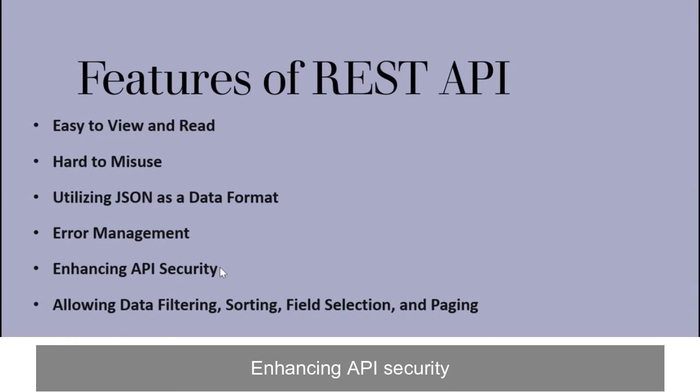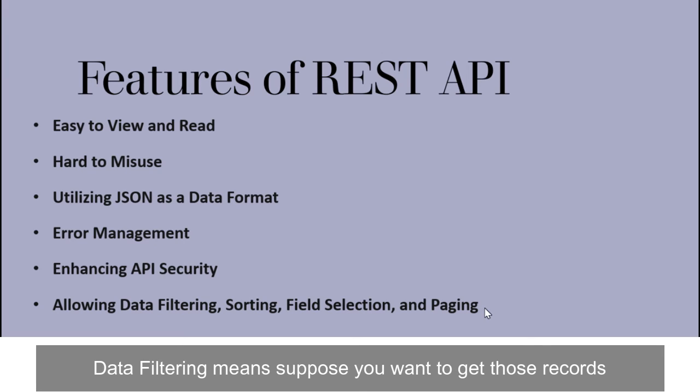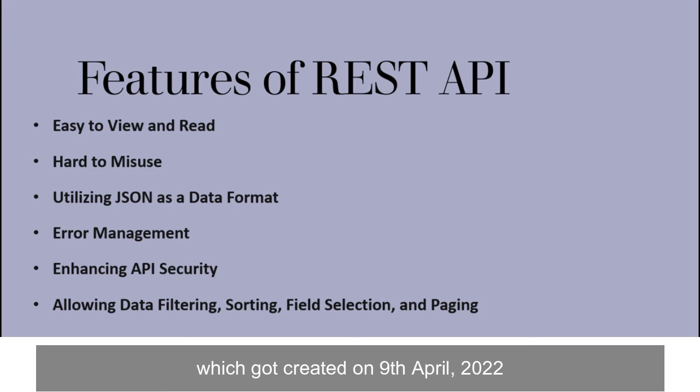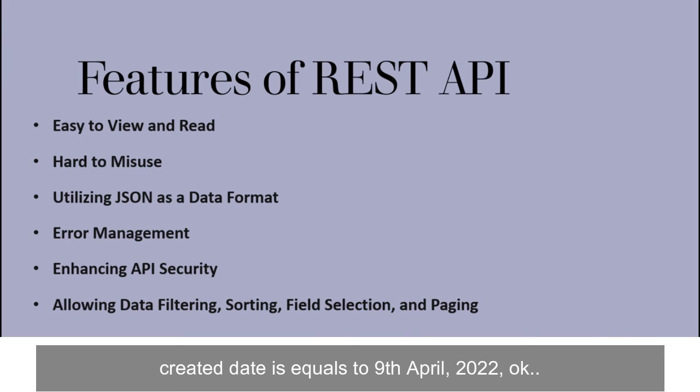Enhancing API security. API security is enhanced using TLS. It allows data filtering, sorting, field selection, and paging. Data filtering means suppose you want to get those records which were created on 9th April 2022. Then you can filter your data by providing that the created date equals 9th April 2022, so you will get data for that particular day.